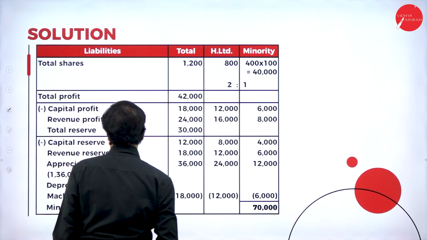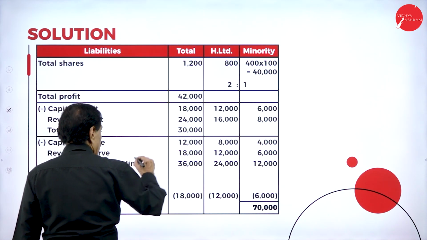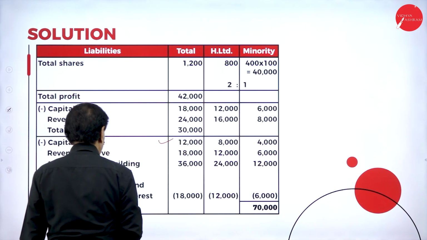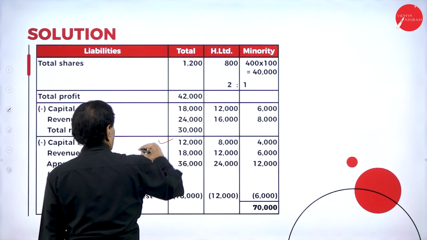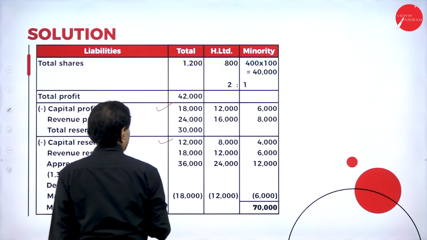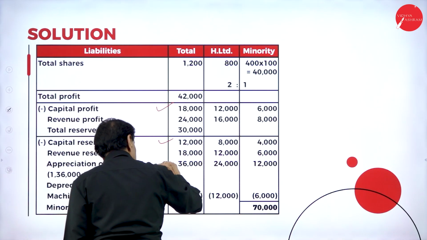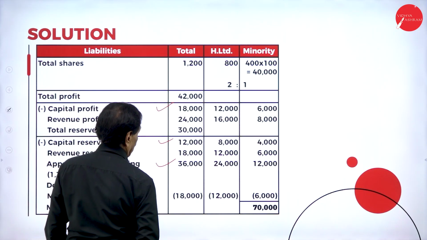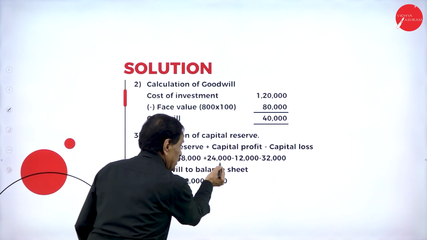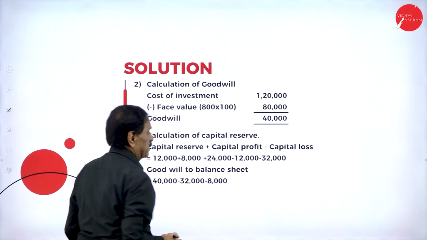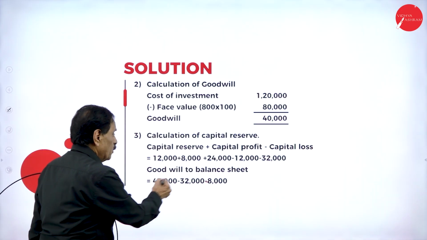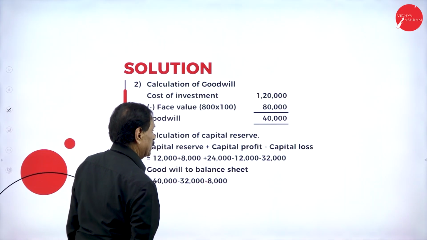So your capital reserve here is 12,000. Your capital profit is 18,000. Then appreciation is also capital profit, and there is the capital loss. 12,000, 8,000, 24,000, 12,000 minus 32,000. So goodwill going to balance sheet is 40 minus 32,000.